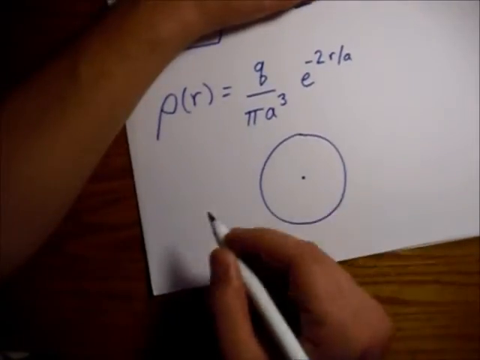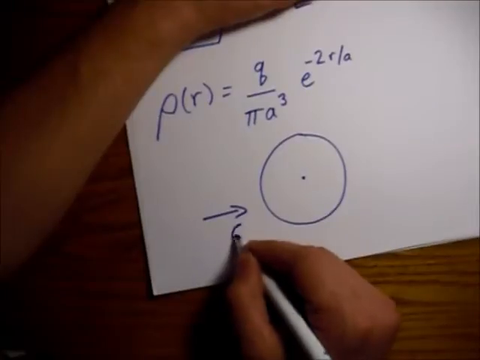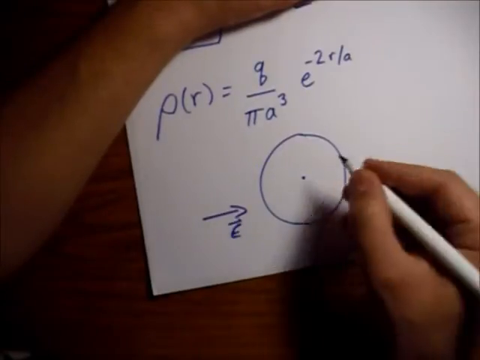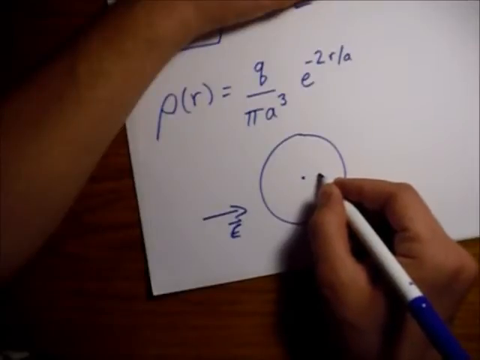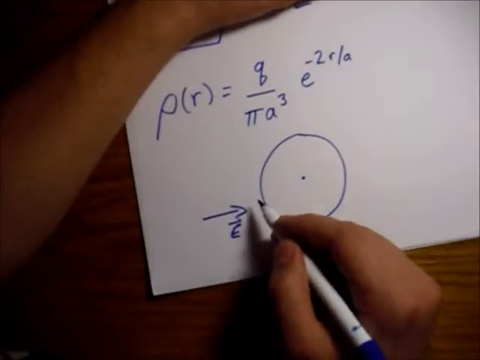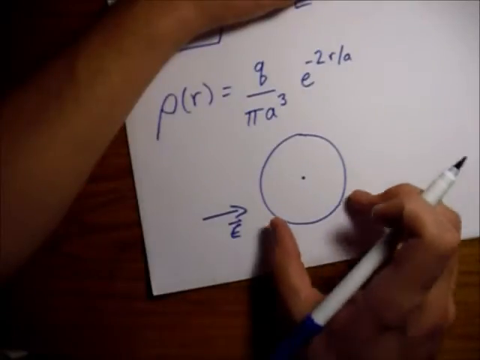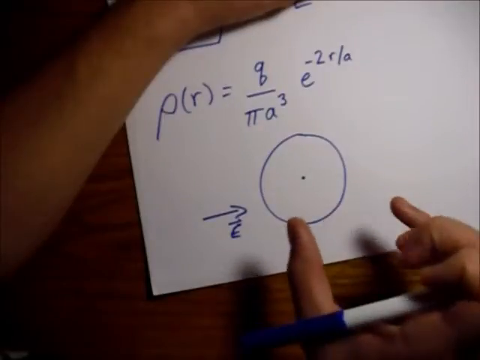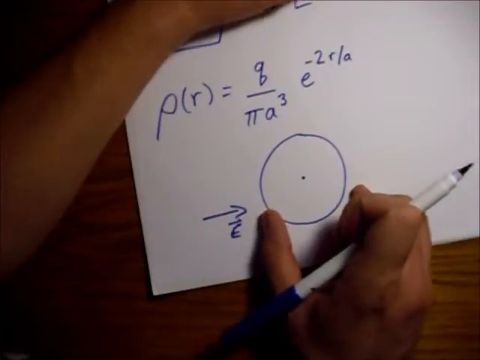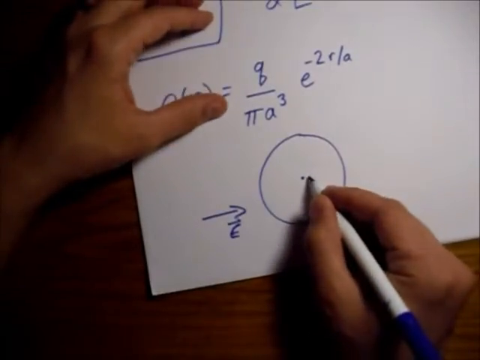what's going to happen is when we put this atom in an external electric field, the positive charge is going to move relative to the negative charge. The way I'm going to draw this is, let's just use a frame of reference where the negative charge stays in the same place, and just the positive charge moves.